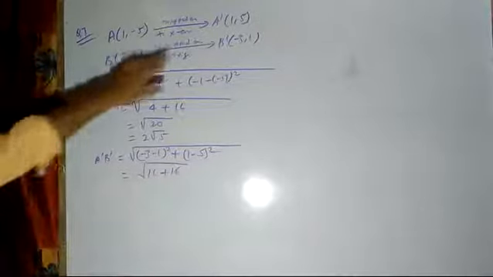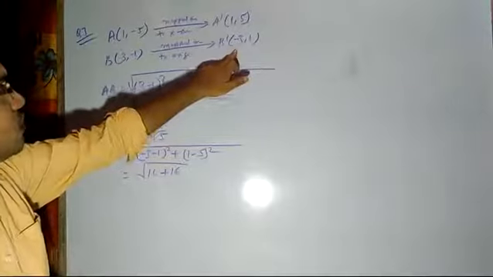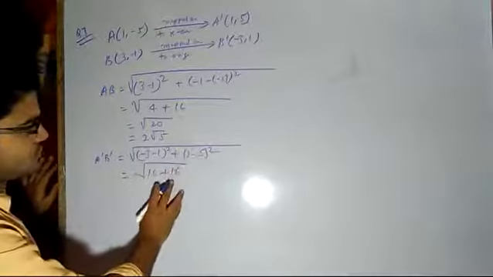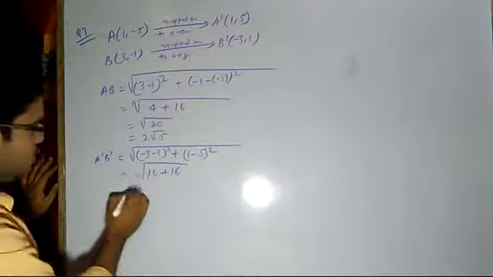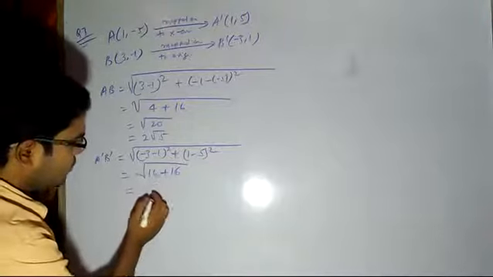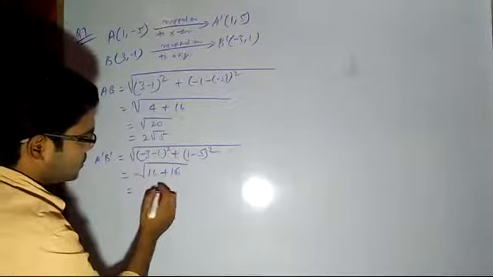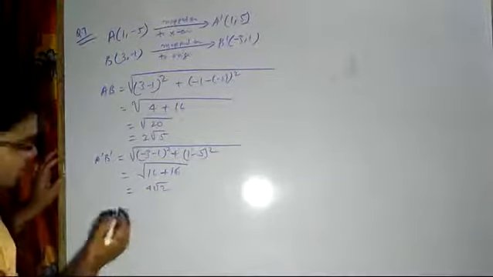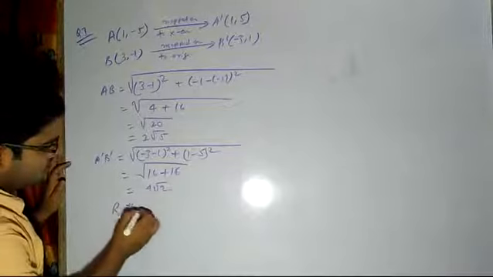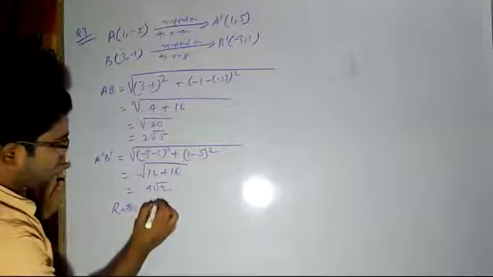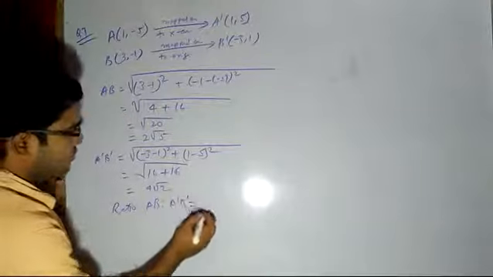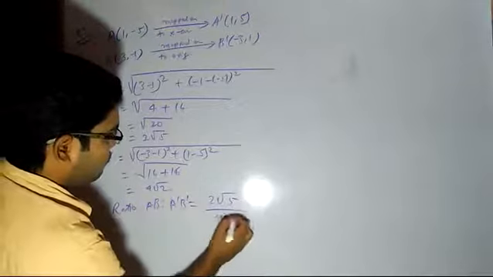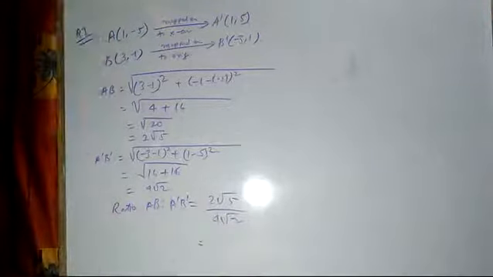Is it correct? −3 minus 1 is −4, 1 minus 5 is −4, 4 4s are 16, 16 plus 16 is 32, which is 4 root 2. Okay, now their ratio. The ratio AB is to A dash B dash will be equal to, where is my AB? 2 root 5 by 4 root 2. I think this calculation is incorrect.